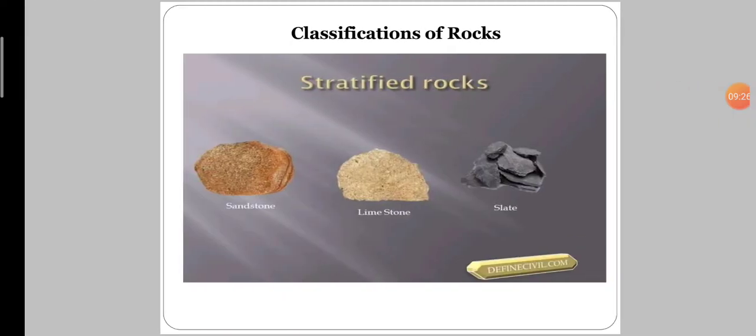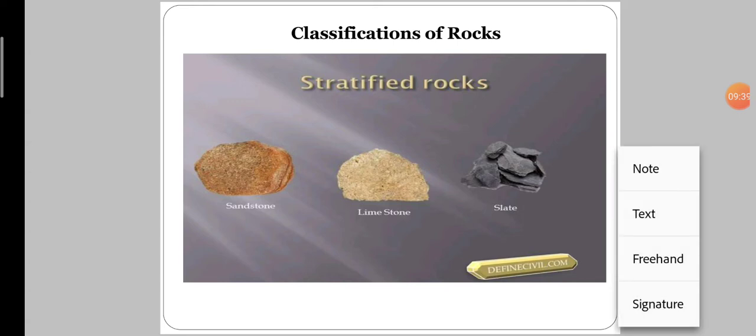Second one, stratified rocks. It is also classified based upon a physical property, that is the layers that occur in most sedimentary rocks and in those igneous rocks formed at the earth's surface.